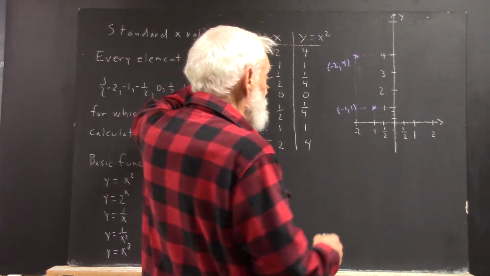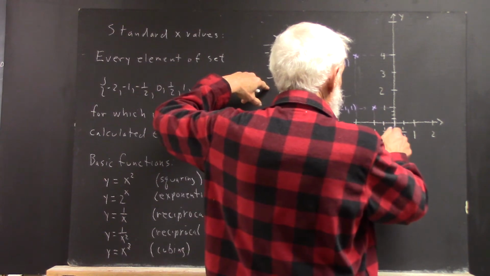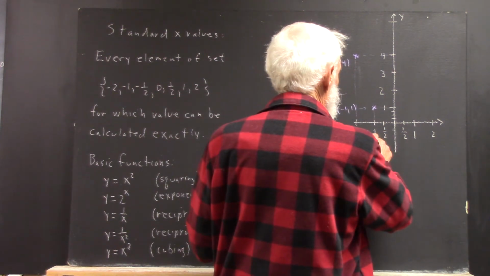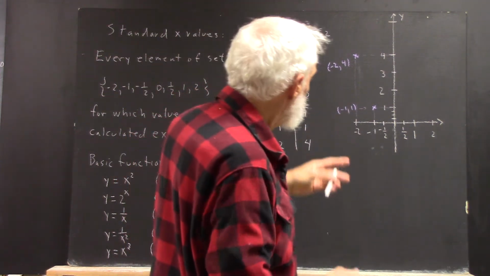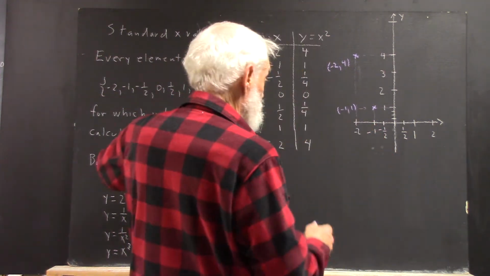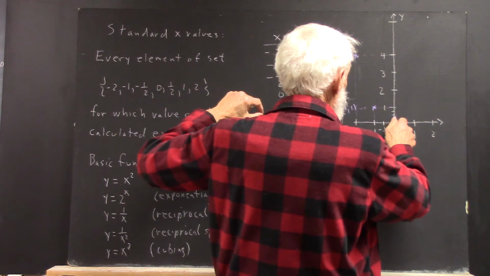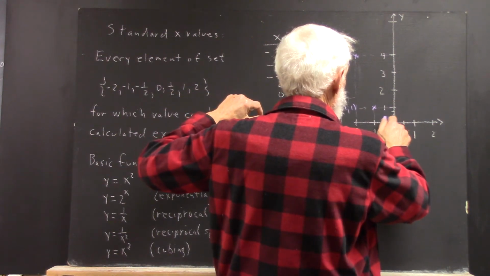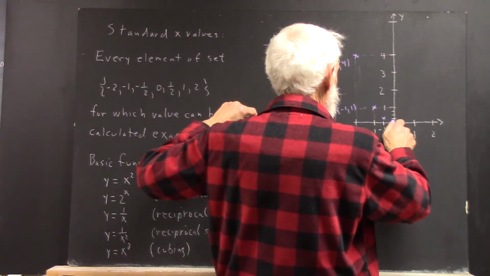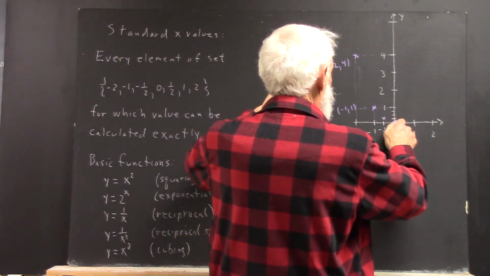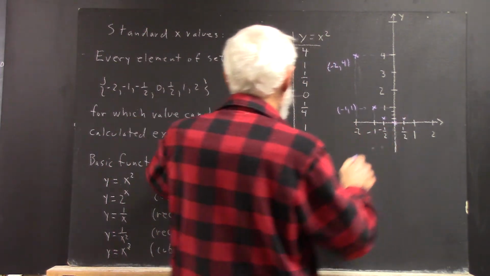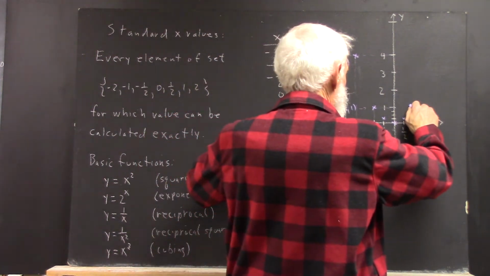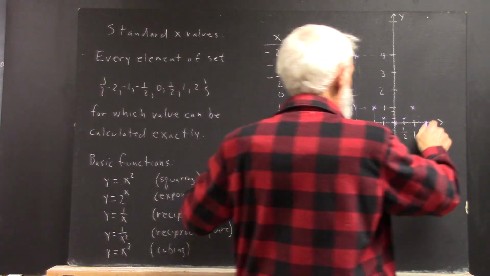Okay, -1/2, 1/4, there's -1/2, and I didn't put my negatives down there. You've got to get used to the idea that I can be a little absent-minded, but usually I catch myself. So -1/2, 1/4, there's -1/2, there's 1/4, there's our point. 0, 0, 1/2, 1/4, 1, 1, and I want to be a little careful here.